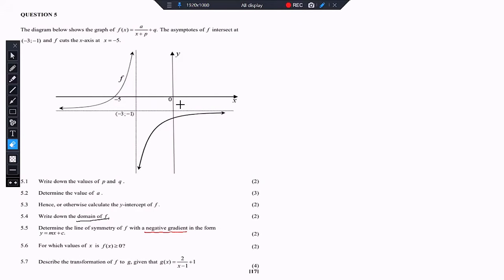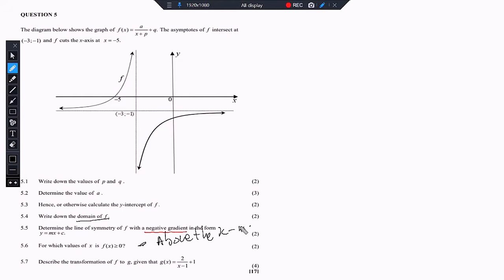It says for which values of x is f of x greater than or equal to 0. Now, the way you make sure that you find the correct answers to this kind of question is by interpreting it correctly. f of x greater than or equal to 0 simply means look for where the graph of f will be above the x-axis.